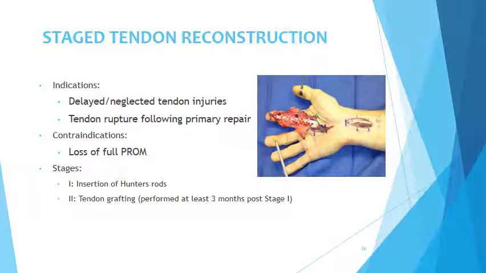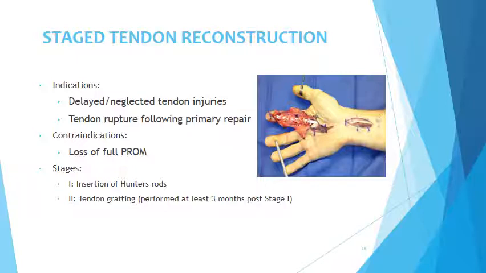The stages are: first, an insertion of the hunter's rod to again establish the pulley system. Remember that pulleys would have been adhered to the underlying structures, and the tunnel will not be present anymore. So the tunnel first has to be reconstructed with inserting a hunter's rod.